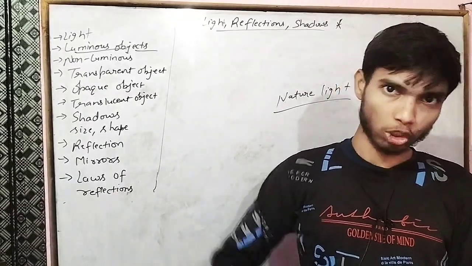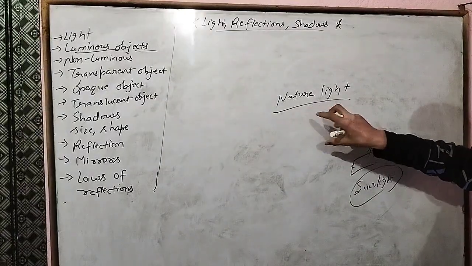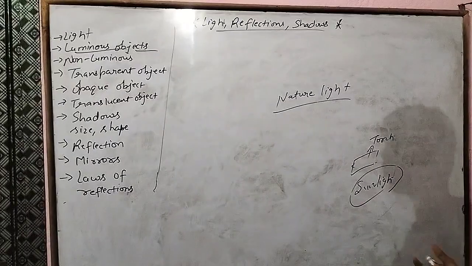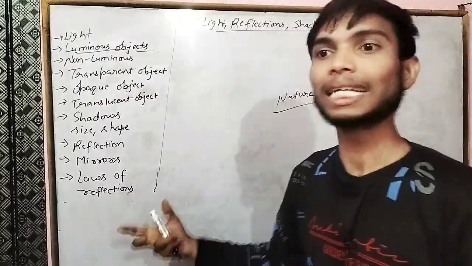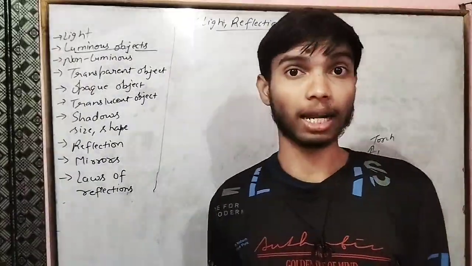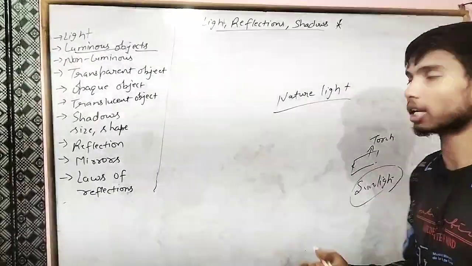It is made by nature. This type of light cannot be made by us, cannot be made by human beings. Natural lights are sunlight and stars. So these are natural lights.